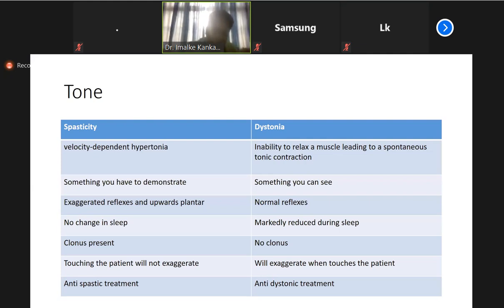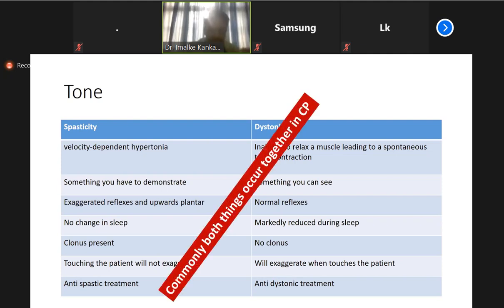In our children with cerebral palsy, these two conditions commonly occur together. Especially in analyses done by lots of neurologists in this country, most children will have dystonia on top of spasticity.